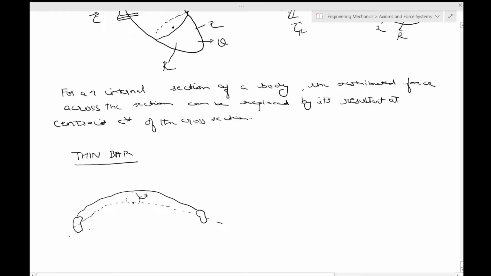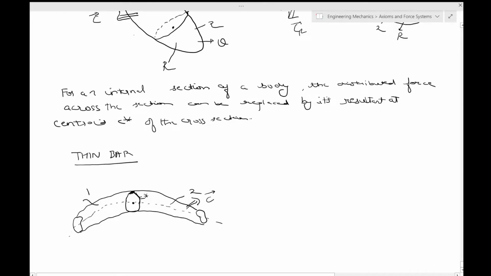Okay, so this is the area, this is the centroid C star, this is now the first, this is the second, because of the hypothetical cut. I should have drawn this by a dotted line, but I am drawing it by a solid line.